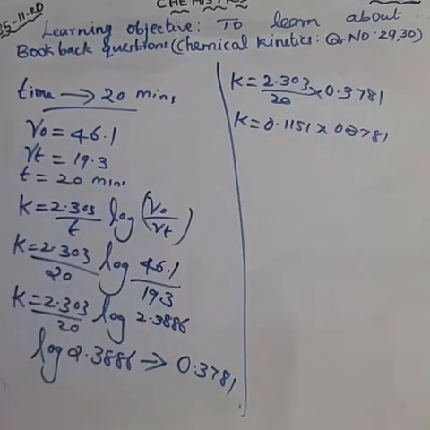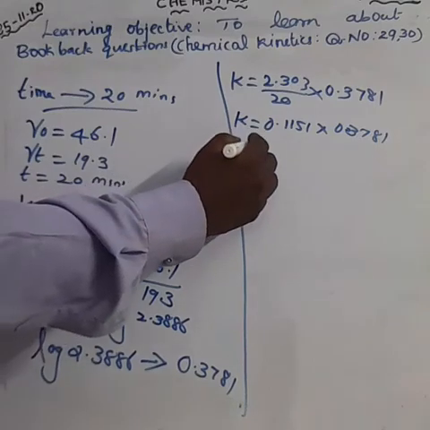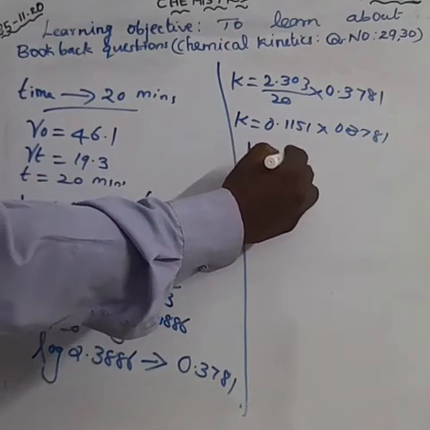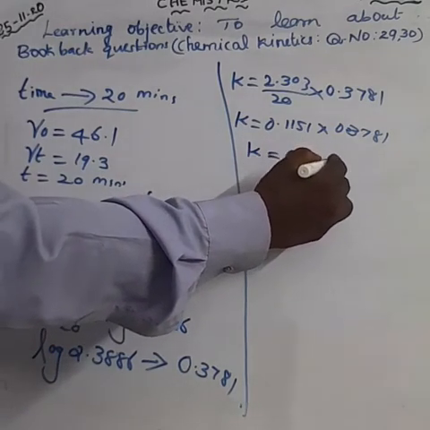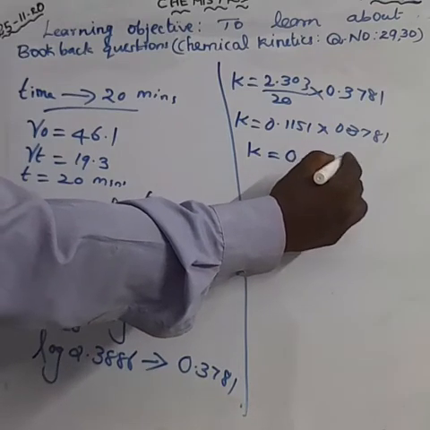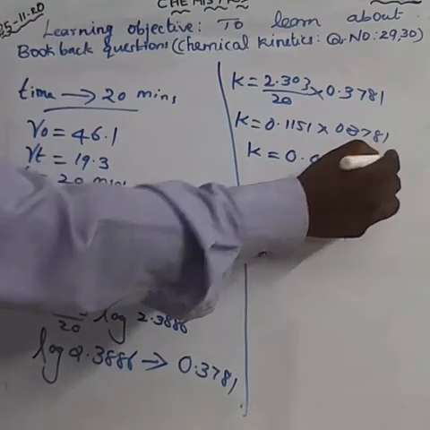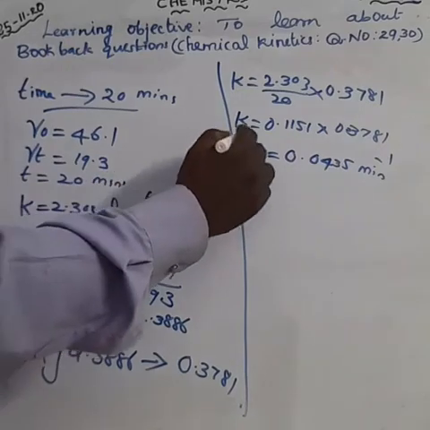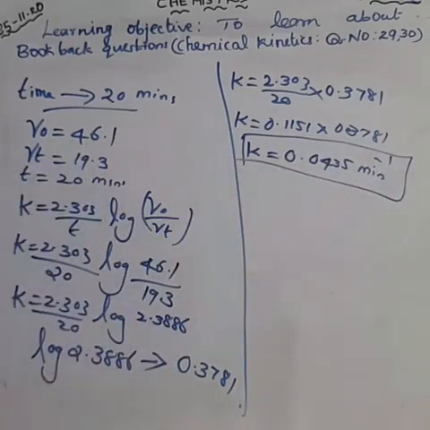When we multiply these two terms, we get the K value equal to 0.0435 minutes inverse. This is the answer.